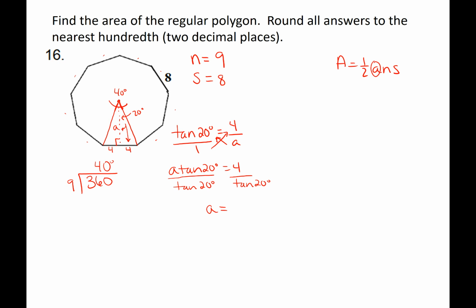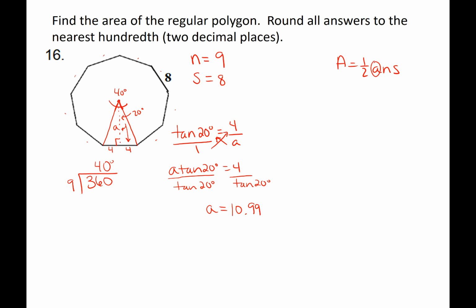If you're using a regular calculator, just type in 4 divided by tangent 20. If you're using an iPhone or other cell phone calculator, you have to be careful. Make sure that you know how your calculator does it. I'm using an iPhone, so I'm going to do 4 divided by, then press 20, tangent, and then equals. And I get 10.99 if I round it to 2 decimal places.